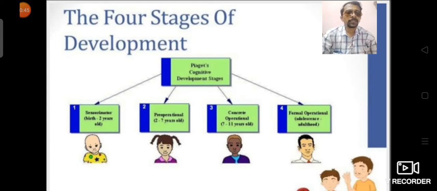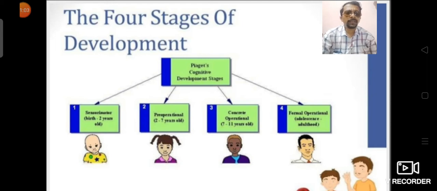Now we shall discuss one by one the four stages of cognitive development given by Jean Piaget. The first one is the sensory motor period, that is 0 to 2 years.